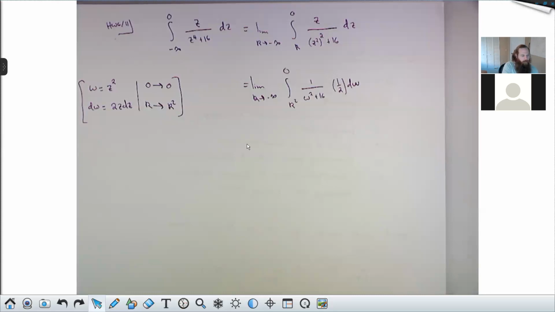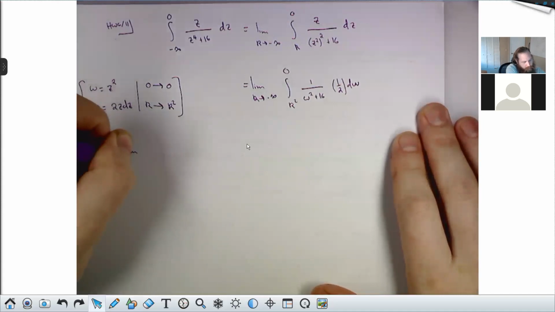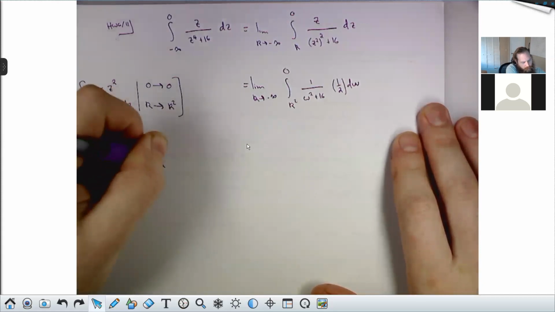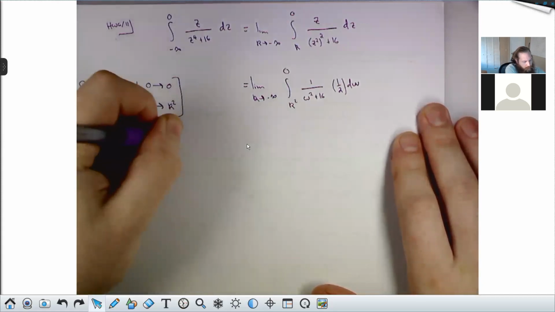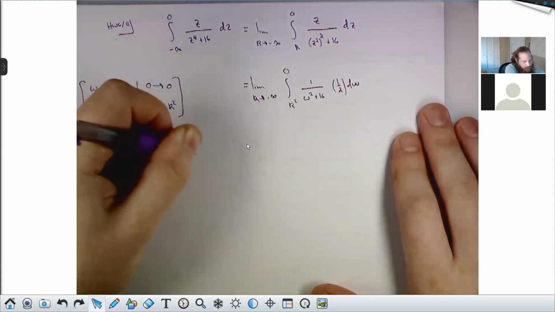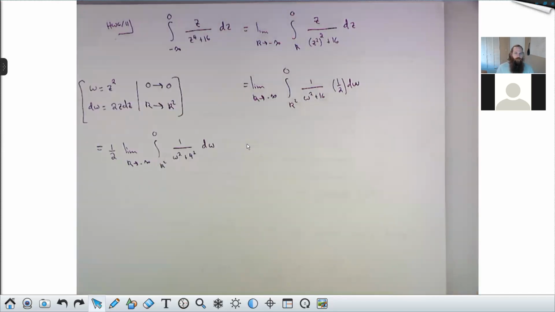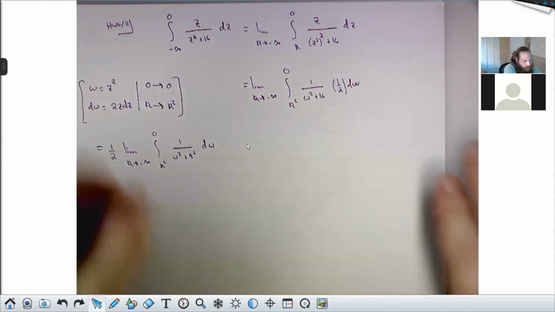We can pop out the 1/2. And it can come out all the way past the limit. And 16 is the square of 4.